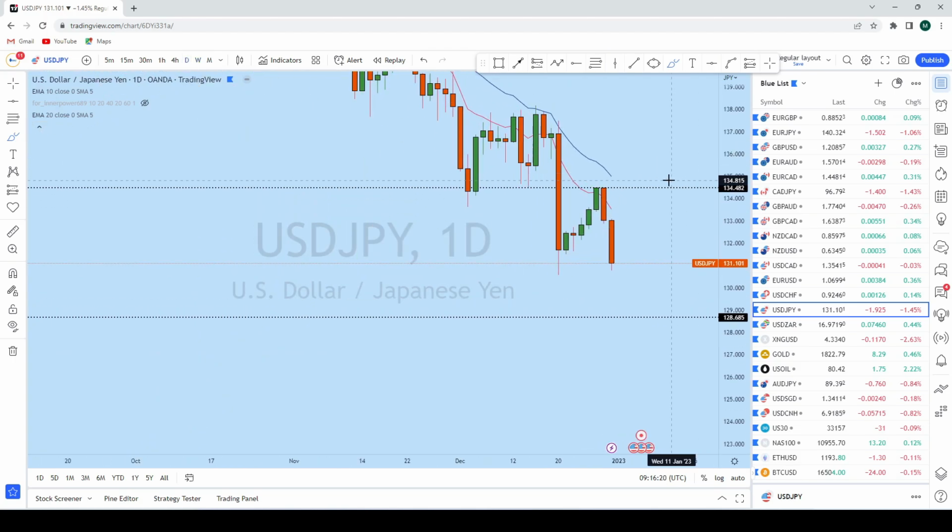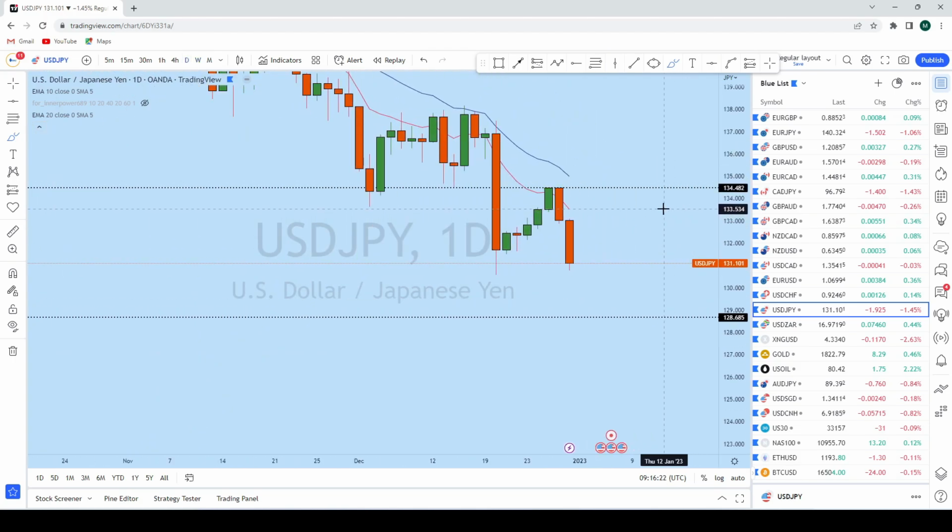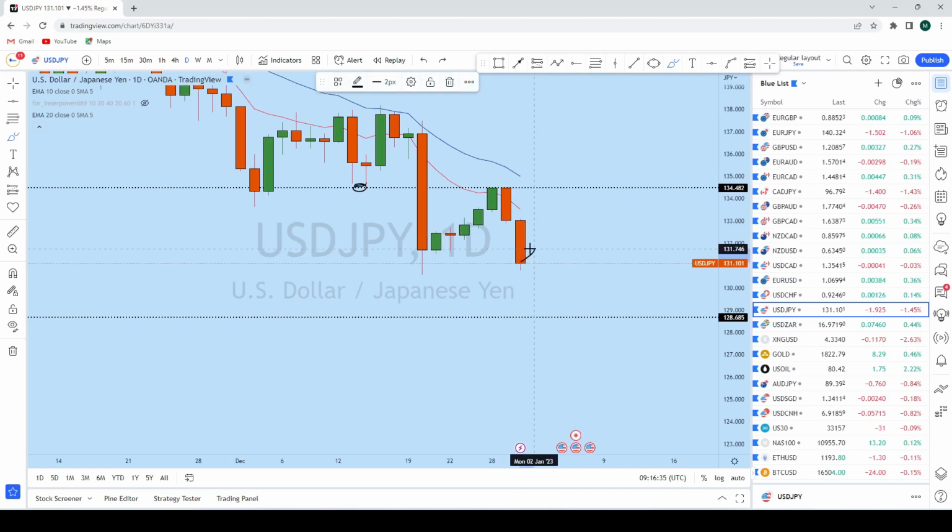If we look at the daily perspective, dollar yen from this daily support here on the weekly, after this reversal pattern, nice looking support turning resistance, has shown nice looking bearish price action. Now from this zone we could see, after a little retracement, a drop.